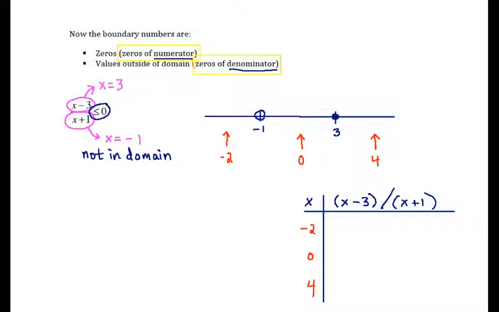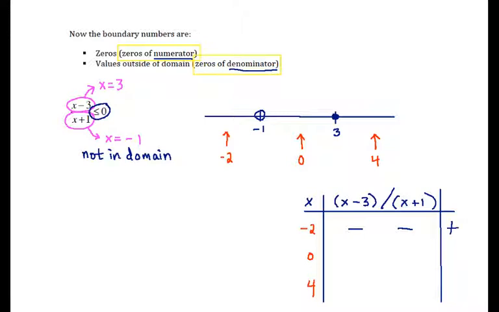If x is -2, x minus 3 is negative. x plus 1 is also negative. So my overall sign would be a negative divided by a negative. It doesn't really matter whether it's division or multiplication. We're still going to just count up the negatives. If we have an even number of negatives, which is the case here, then we'll say positive.